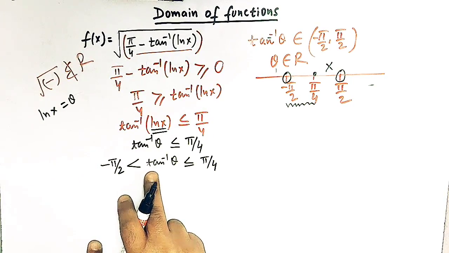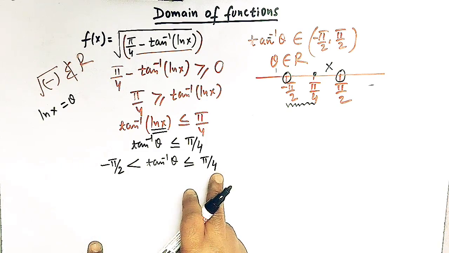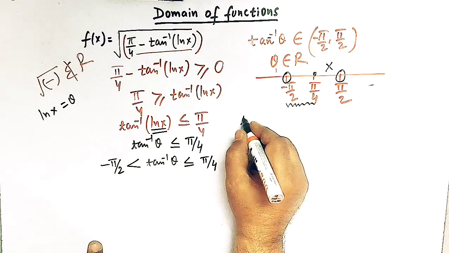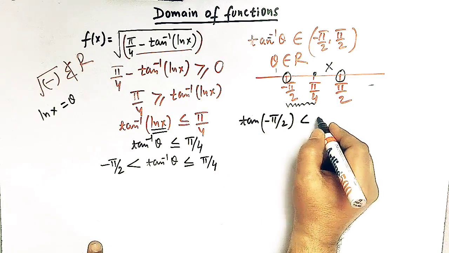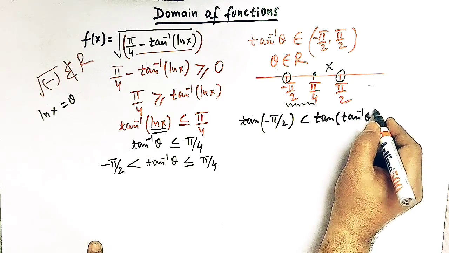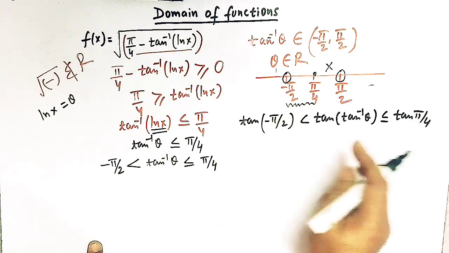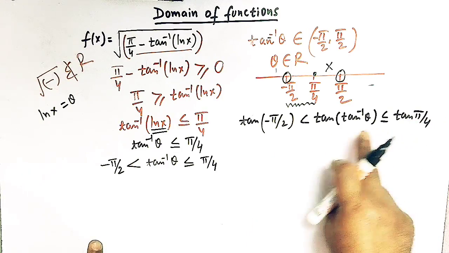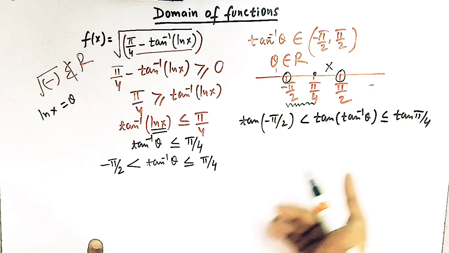So to solve this inequality, let us take the tangent of all these three quantities. So we have tan of minus pi by 2, then tan of tan inverse theta, and here we have tan pi by 4, and the direction of the inequality remains the same, because the tangent function is an increasing function, right?